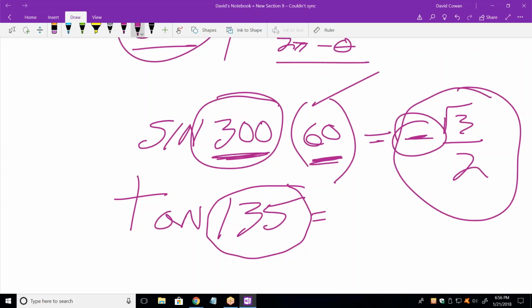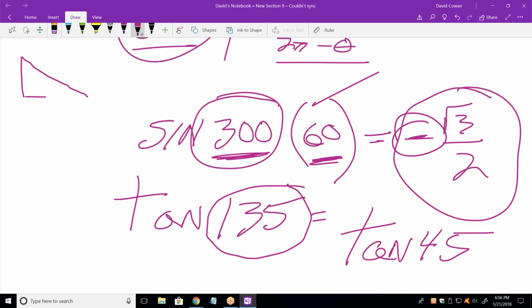Okay. Now, if you forget these, the first quadrant ones, you can always get them from these two special triangles that you've been studying for 3 years.